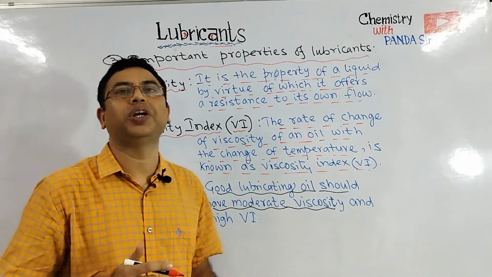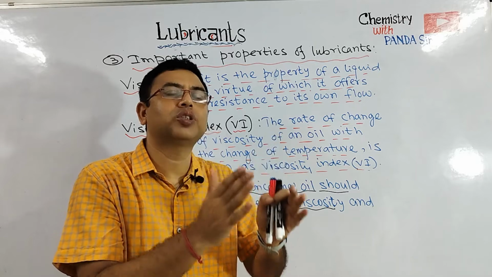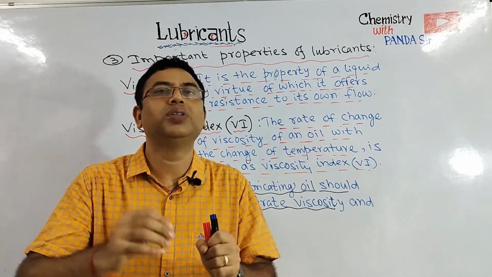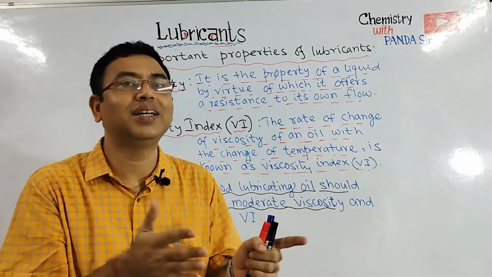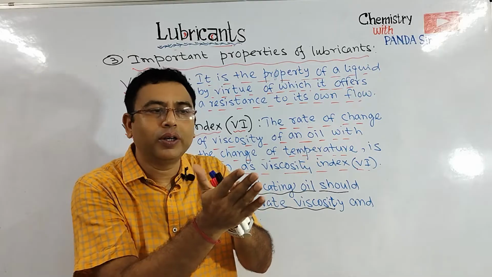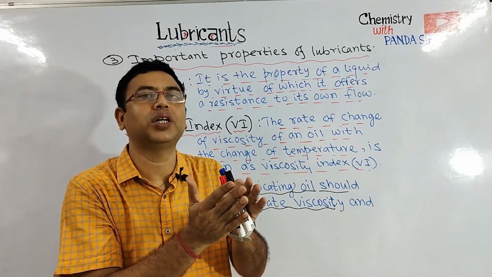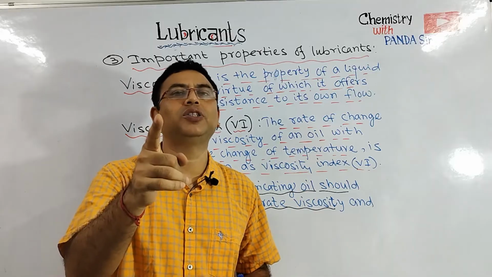So, the rate of change. Now what do we want? We don't want the viscosity to change very fast with the increase in temperature. Why am I emphasizing the increase in temperature? Because in the working condition, two metallic surfaces slide over each other, maybe at high speed or low speed, it does not matter, but temperature will increase.